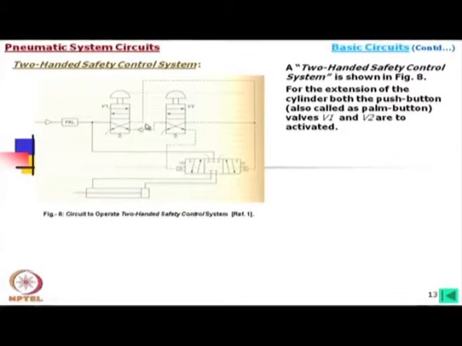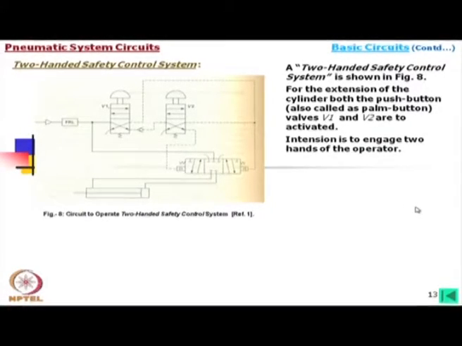So, in that case, this is not activated, it is still in this position. So, you will find that this is not being actuated. Only if we push both, then this will be actuated.